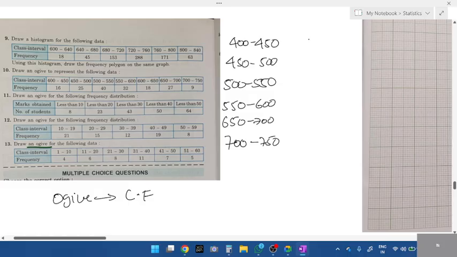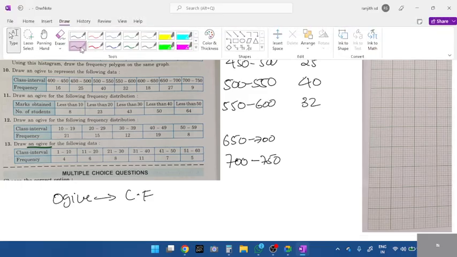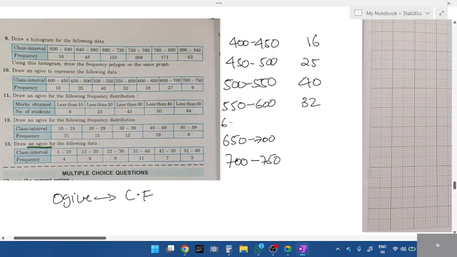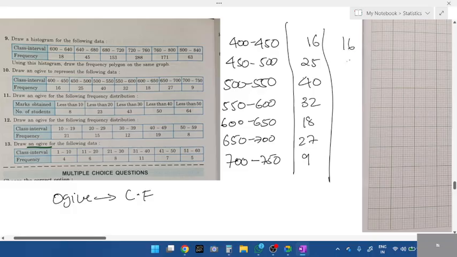Tell me the cumulative frequency, students. I just need the cumulative frequency. The first one will remain as it is. Second one, let me write 500. 500 to 550 is 40. 550 to 600 is 32. 600 to 650, what is 600 to 650? We have 18, 87. Now all of you tell me the cumulative frequency. 16, 16 plus 25.